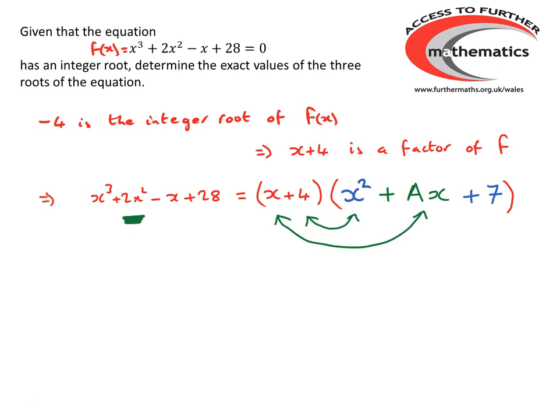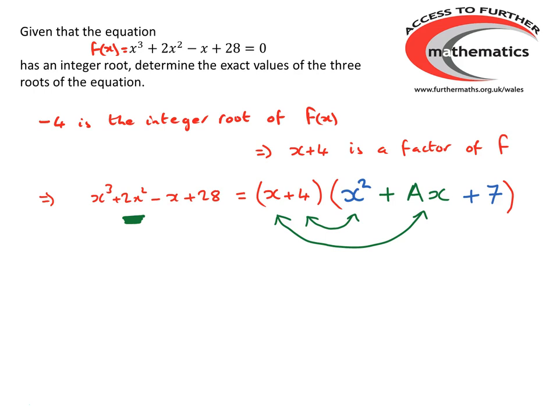Okay, so let's have a think. On the left hand side we've got 2x squared. On the right hand side, the x squared terms are going to come from x times ax, which will give me ax squared, together with 4 times x squared, which gives me 4x squared.